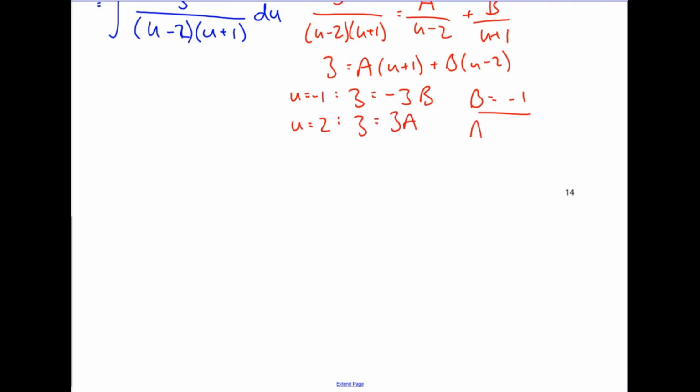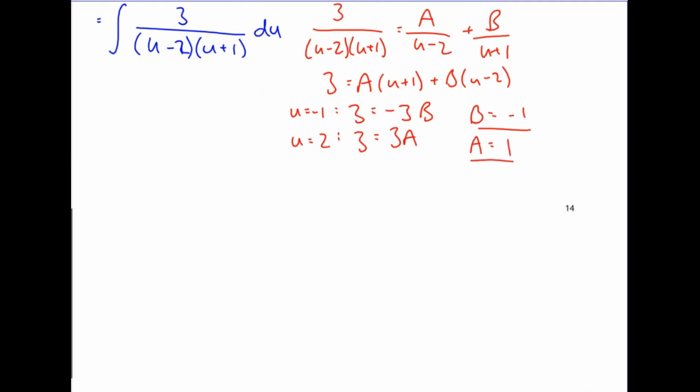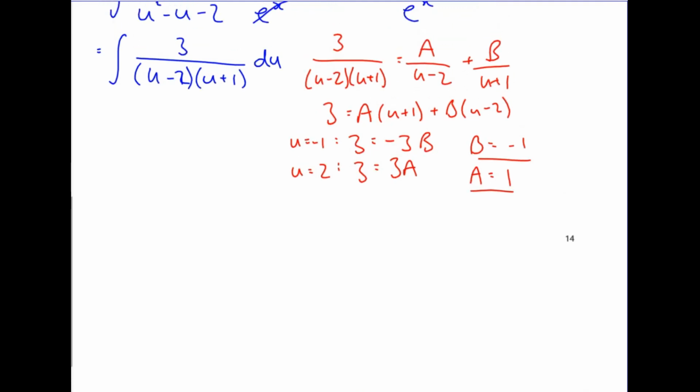The B disappears, so you get A is 1. Turns your integral into 1 over u minus 2 minus 1 over u plus 1, which we can now do.